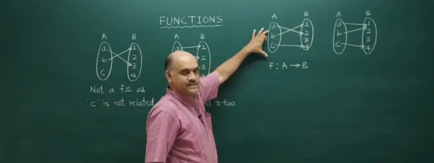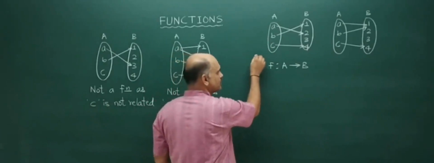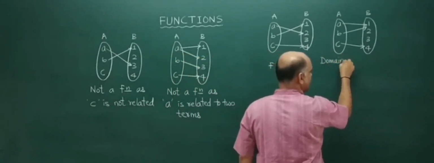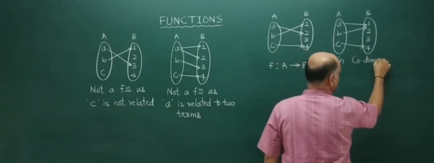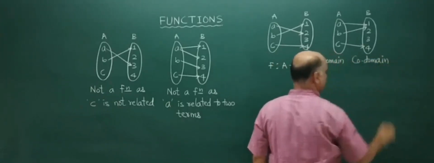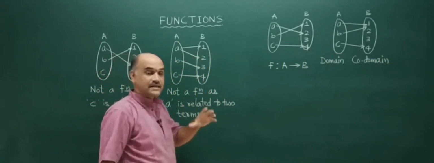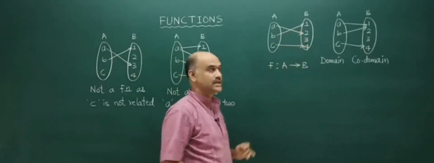Now the elements in the first set are called domain, and in the second set are called codomain. Now, the set of elements which are related from B is called range.